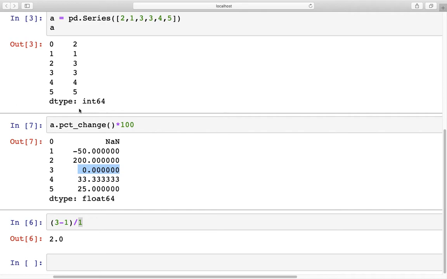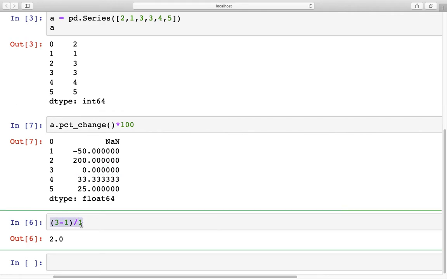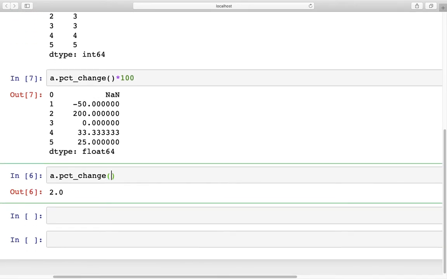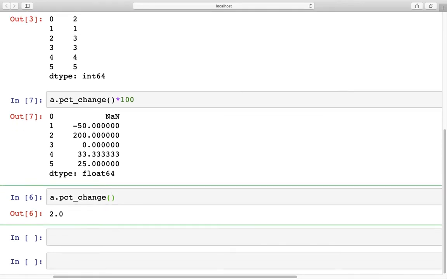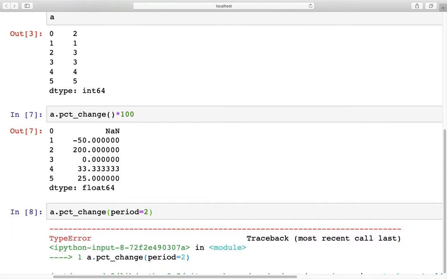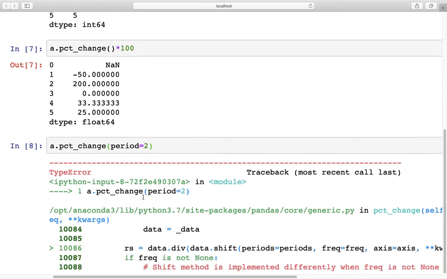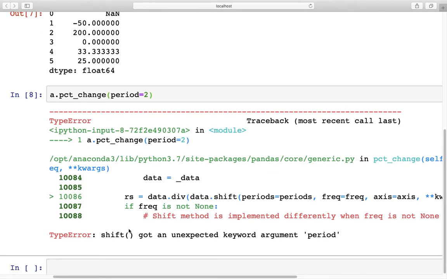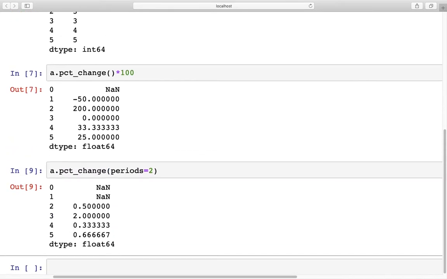We can skip some of them if we want to, and to do that we would type a.pct_change(), and here we can specify how much we want to skip by supplying a number to this period equal to, and if we specify 2 and run this, let's look at the error. Shift got an unexpected keyword 'period', so it should be periods, sorry.